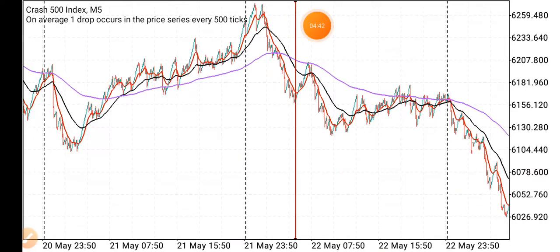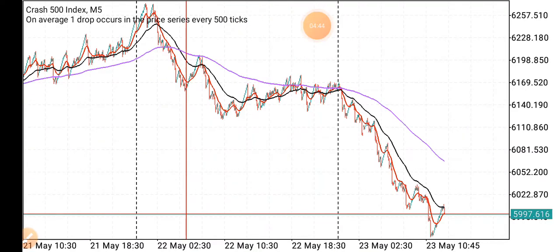But since today we're looking for spikes on crash, we're going to be looking for sell confirmations. So starting from this point right here, that's when I start looking for my sell positions.